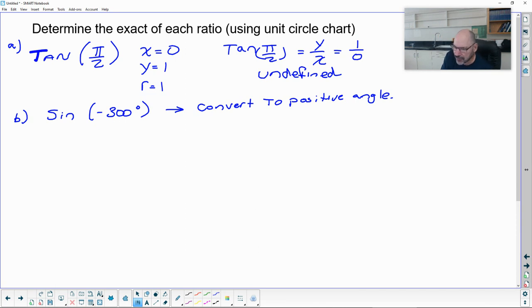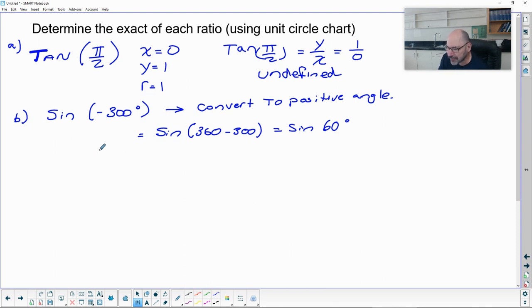So we're going to say that this is equal to sine of 360 minus 300. So sine 60 degrees is the same spot as sine negative 300 degrees. One you go up, the other one you go down and around, and you hit the same spot.